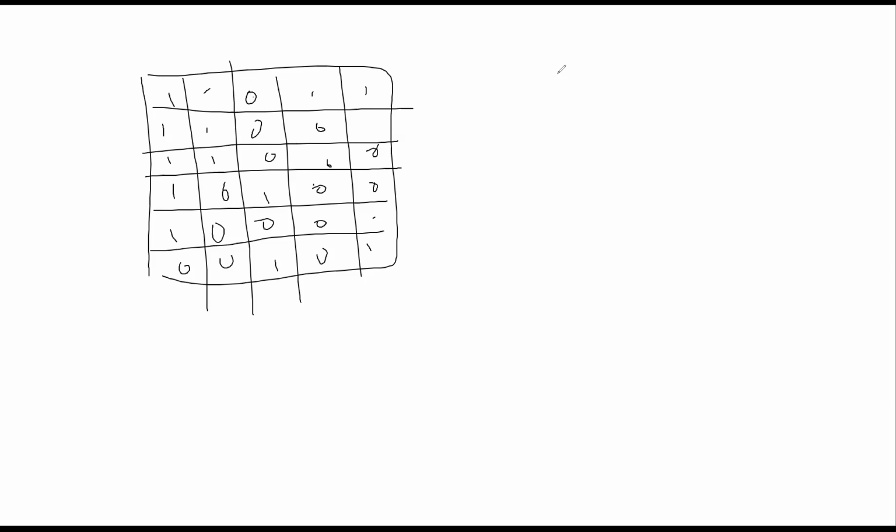Okay, so for this one, suppose you found 1, 2, 3, 4, 5, 6, 7, 8, 9, 10, and you have that as max. Right now max is 10, correct? Now you go ahead here and again do the same thing. You set it to 1, and calculate this area again, and then you find the number, which in this case will be 9. It is not the maximum, so you don't set it.